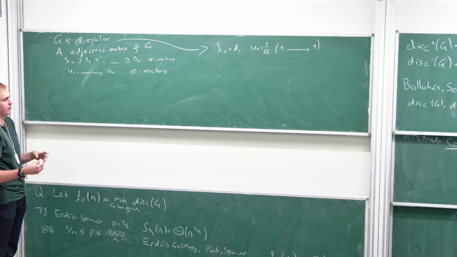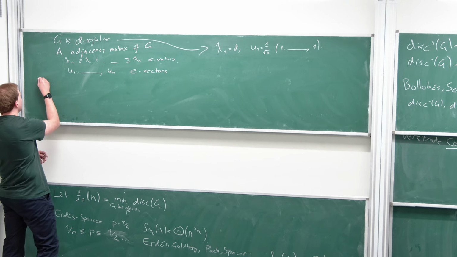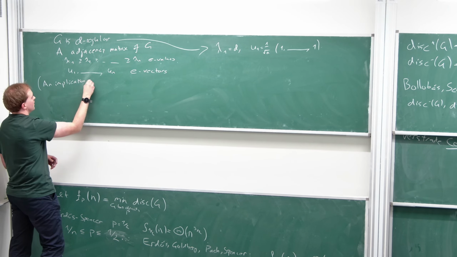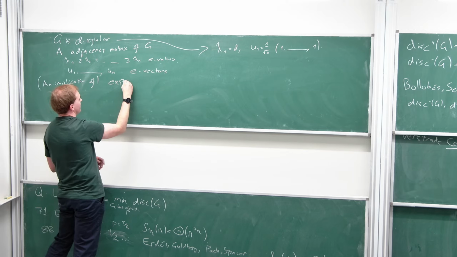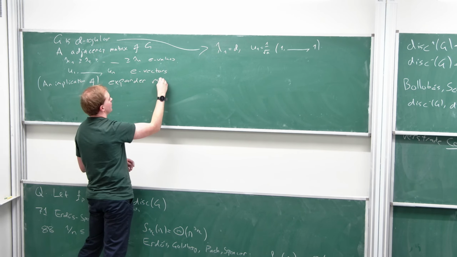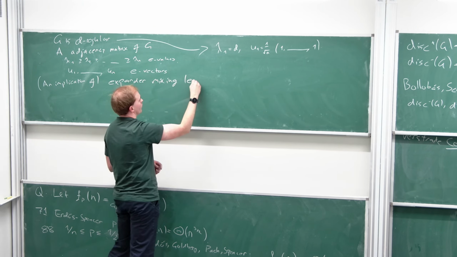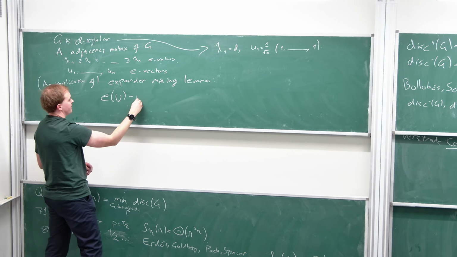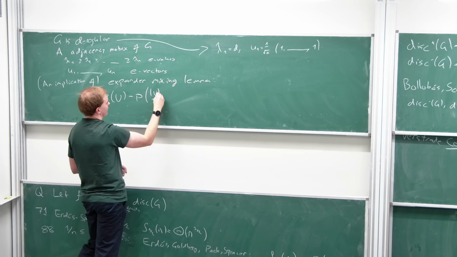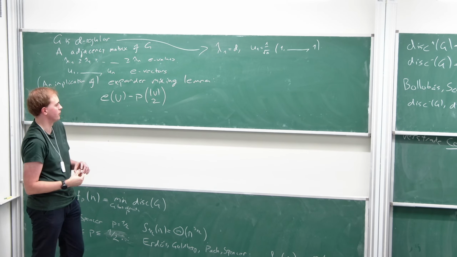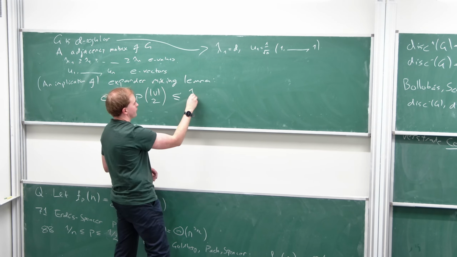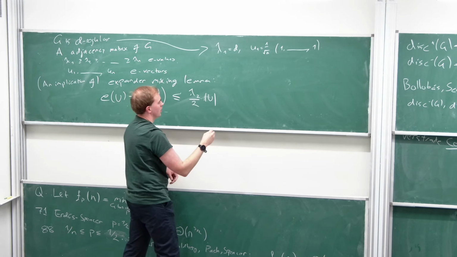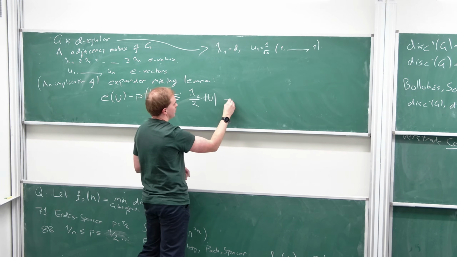How does this correspond to discrepancy? An implication of the expander mixing lemma states that for any U, the number of edges inside of U minus p times U choose 2 is at most lambda 2 times |U| plus d.